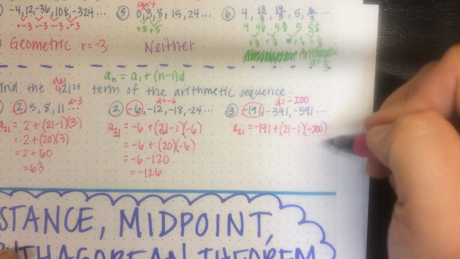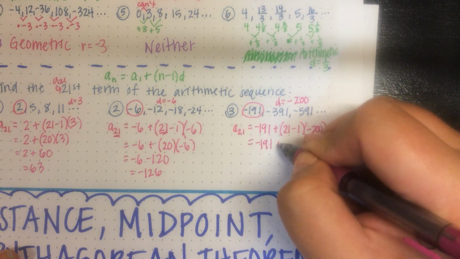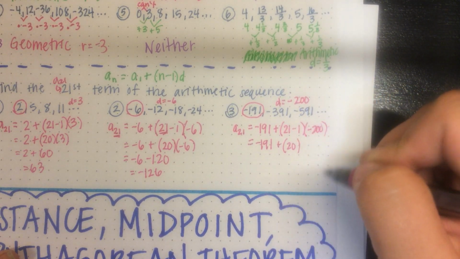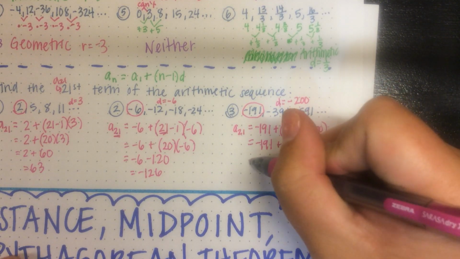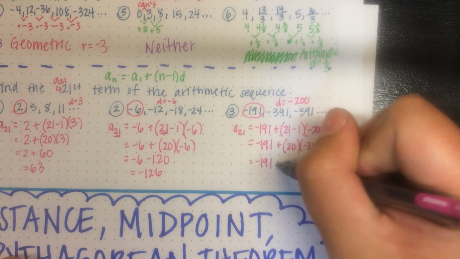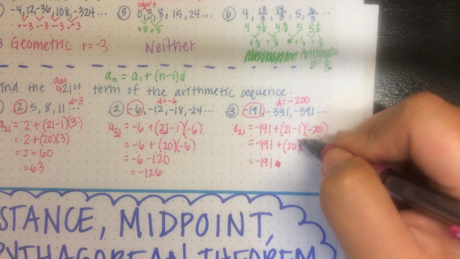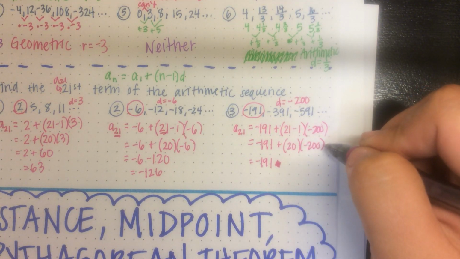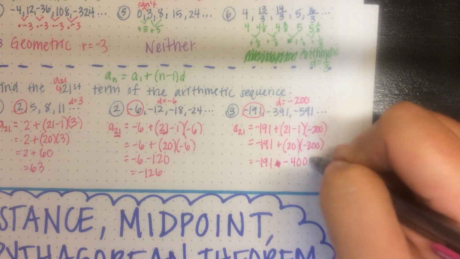Big number. So then I get negative 191, 21 minus 1 is 20, and then times negative 200. We're going to have 20 times 200, it's going to be 4,000, a negative 4,000.